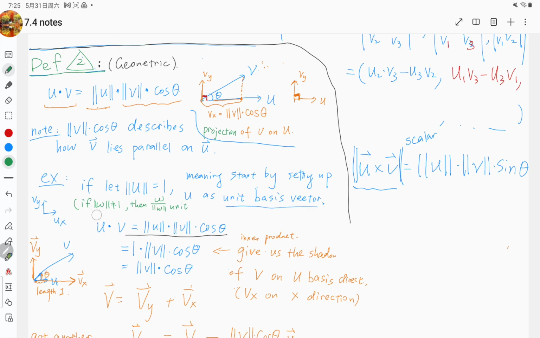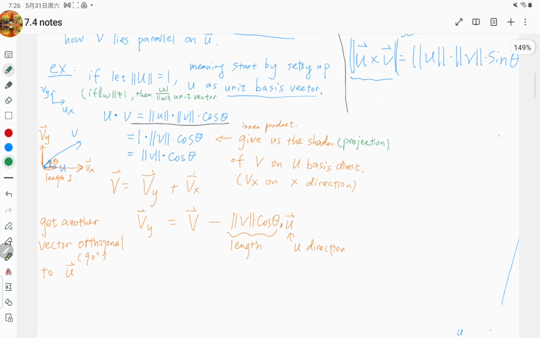If you start with any vector whose length is not 1, you can always make it a unit vector by taking w over the norm of w. This is our unit vector. All right, so this gives us a shadow, or the projection, on the u basis vector.